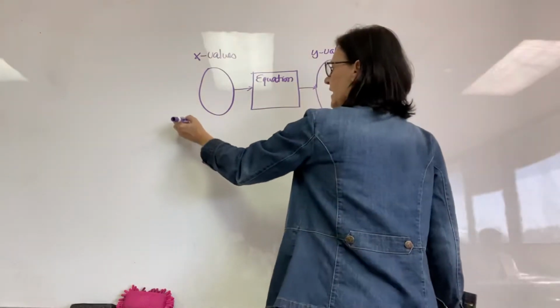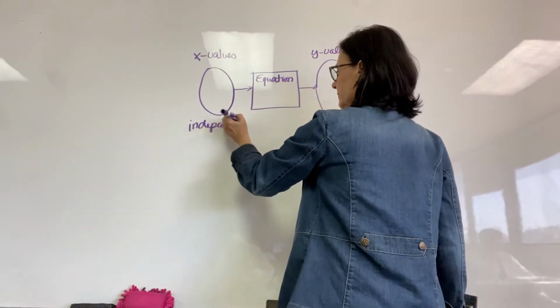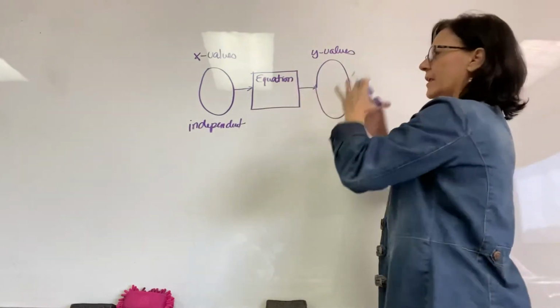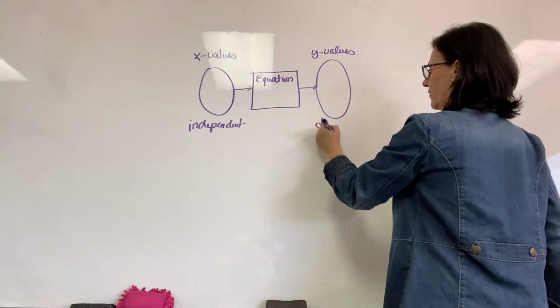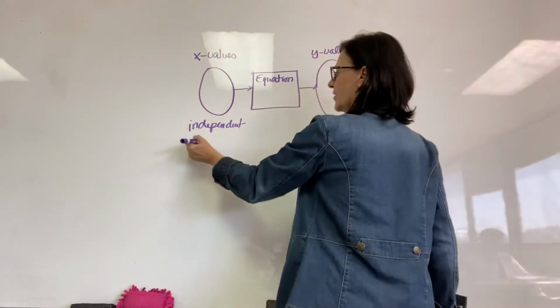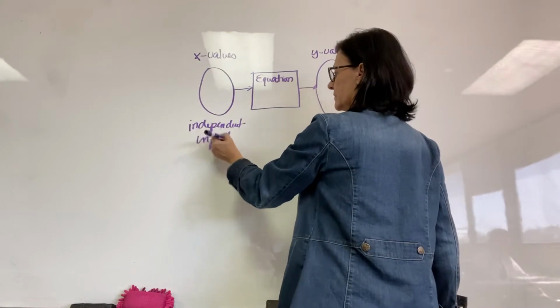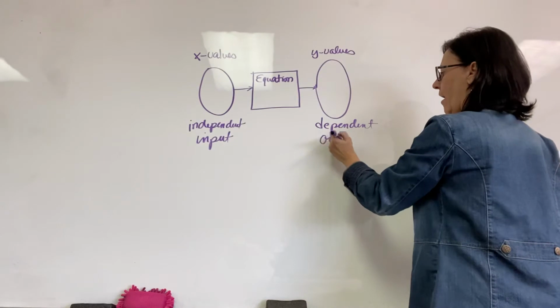So this is independent because that's what I'm plugging in. I churn it in the equation to get my dependent value. This is the value I input into the equation, churn it, to get an output.